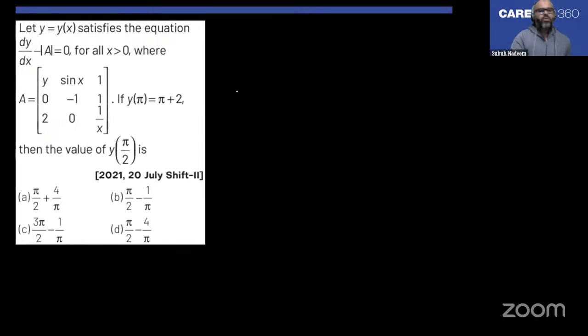Let y equal to y(x) satisfies the equation dy by dx minus determinant of A equal to 0 for all x greater than 0, where A matrix is given like this: y, sin x, 1; 0, minus 1, 1; 2, 0, 1 by x, and y(pi) is pi plus 2. That is the condition for finding C. Then the value of y(pi by 2) is.